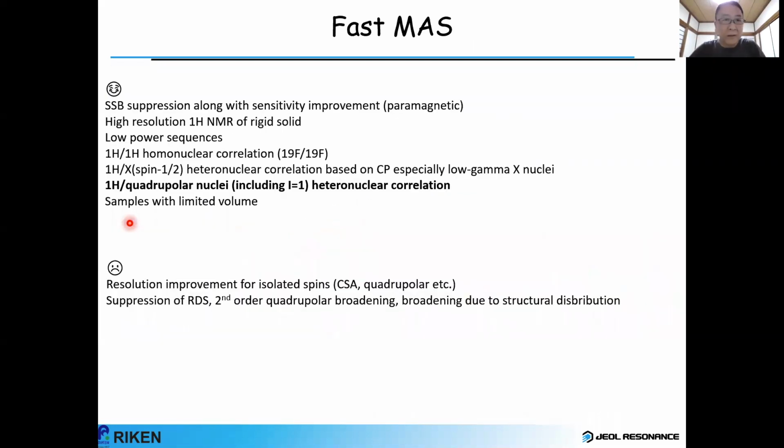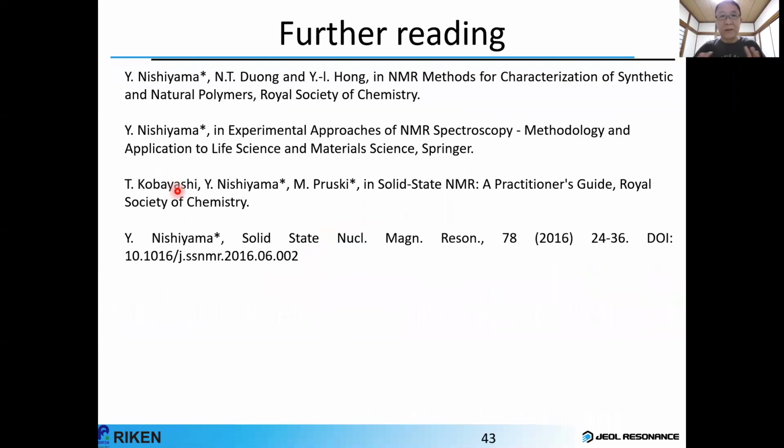So in fast MAS experiments, if we use proton detection, we can observe many different nuclei by HMQC or something else. Then here, this is kind of an advertisement. These are several book chapters we contributed and one review article on fast MAS experiments.